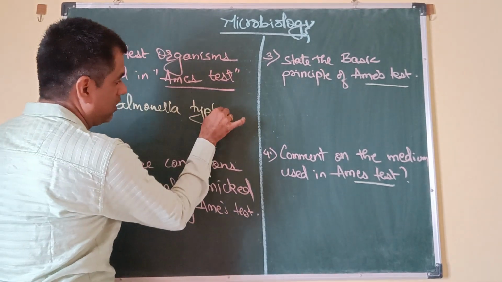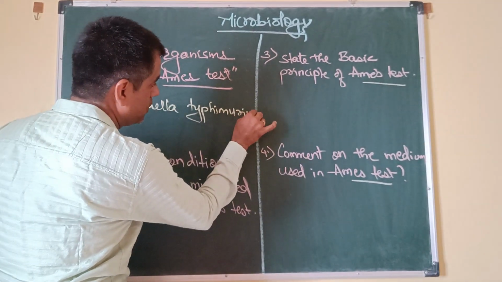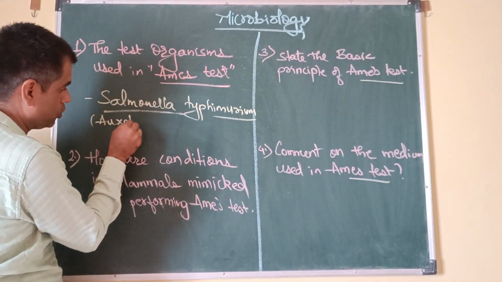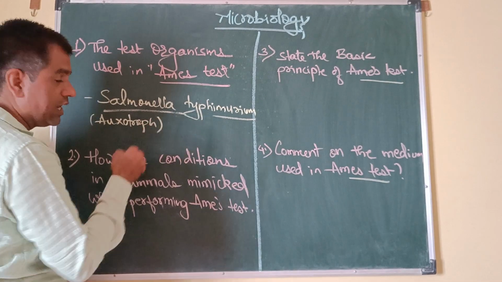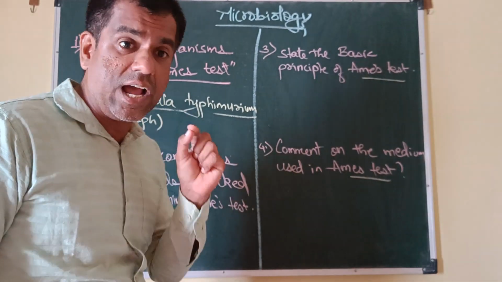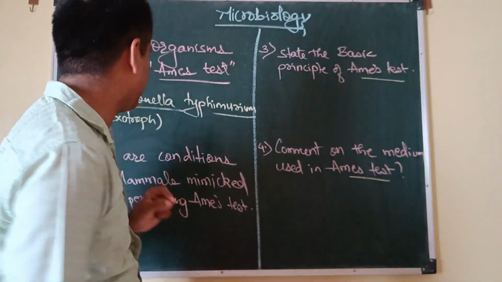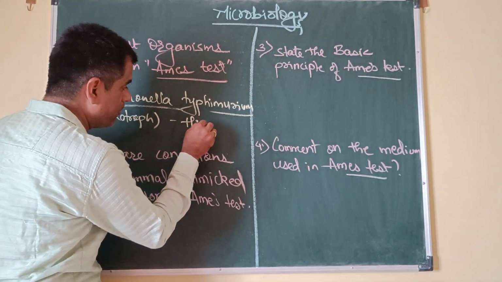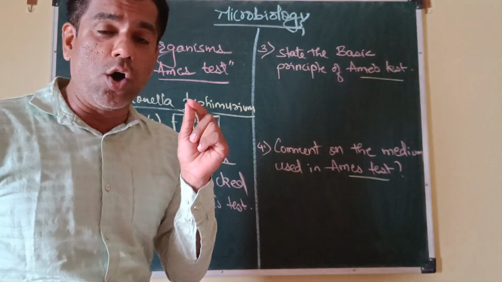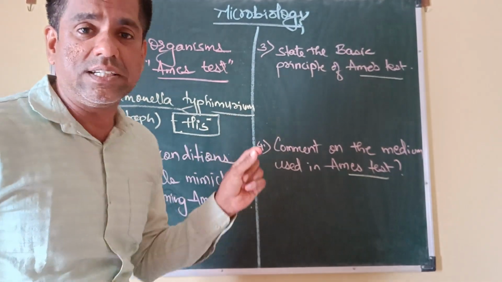The test organism we use is an auxotroph. Remember, an auxotroph is an organism which requires a particular growth factor in the medium for its growth. It doesn't have the ability to synthesize that growth factor. So this is a histidine auxotroph. The answer would be a histidine auxotroph of Salmonella typhimurium.